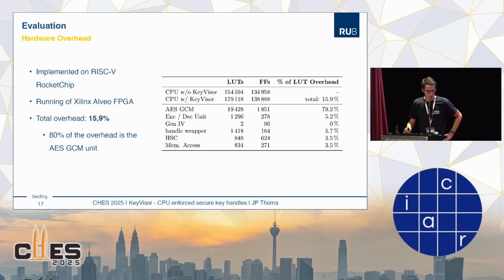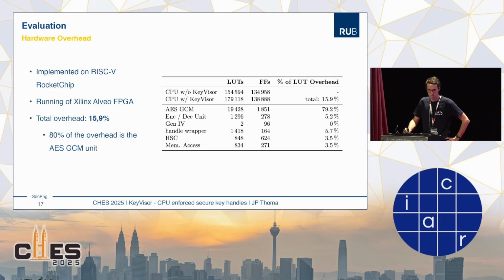So looking at the numbers, we implemented this on a Xilinx Alveo FPGA using the Chipyard framework. As you can see, we measure a total overhead of about 16%, which seems like a lot at first glance. However, similar to the previous talk, most of that overhead comes from the AES-GCM unit.